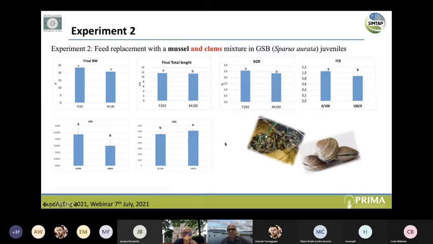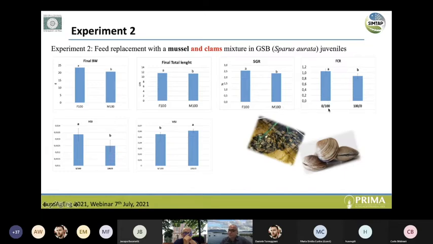But what is important, all these data are confirmed by the SGR, which represents the daily growth ratio, how much the fish grow per day. And again, the group fed only feed grew better than the fish fed only mussels.